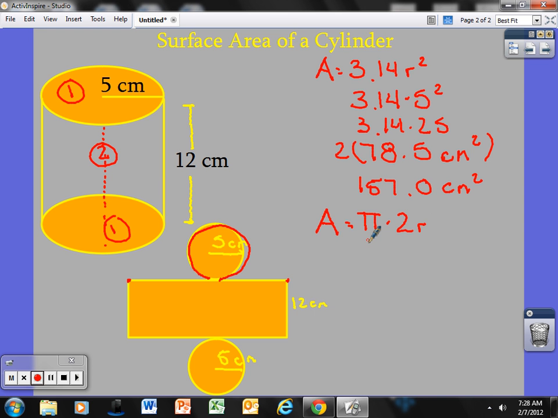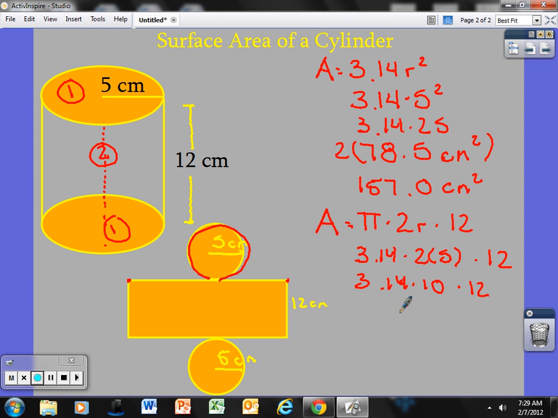We've been using pi as 3.14, times 2 times the radius, which is 5. The reason I'm doing this is that I'm finding the circumference, which gives me the length from here to here. Then I multiply that by the height, which is 12. There's a lot of multiplication going on, so I have 3.14 times 10 times 12.